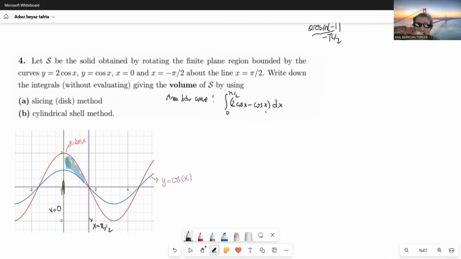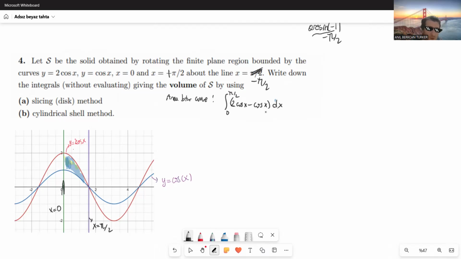About the line. Okay, there is some error that we made. I can change it. Okay, bounded by this, and this, and about the line minus pi over 2.